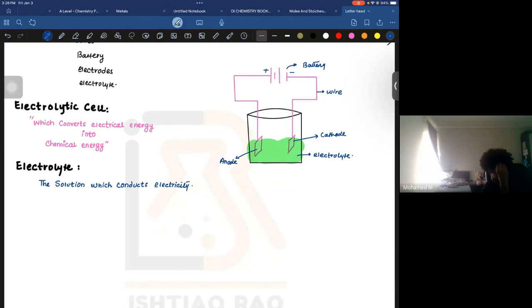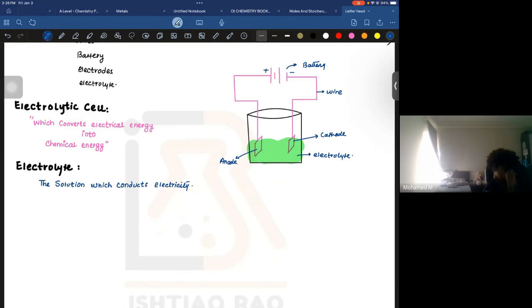These are good conductors in their aqueous state, although they are covalent compounds. So any compound, solution, chemical or substance that is a good conductor of electricity is called an electrolyte.